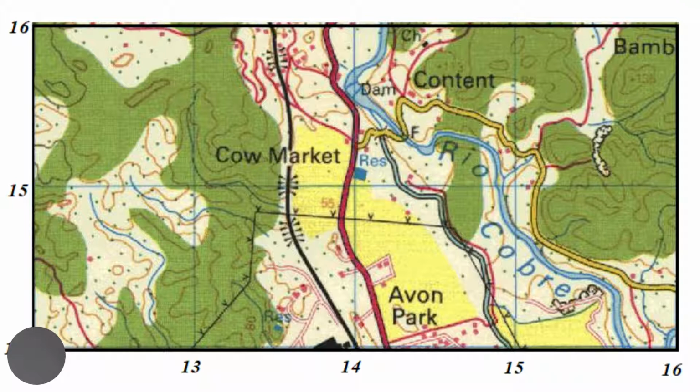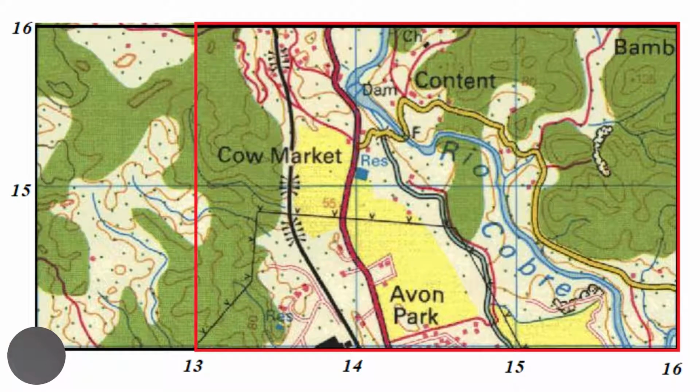Now, let's say that we have this printed map in front of us and we wish to create a sketch map from it, which is reduced to half of the size of this map. We only want to show features from easting 13 to 16 and northing 14 to 16.